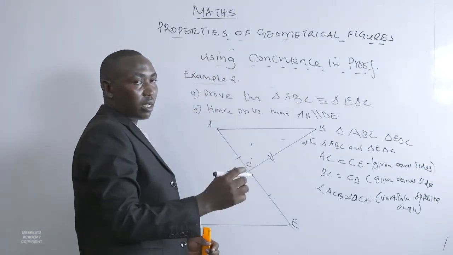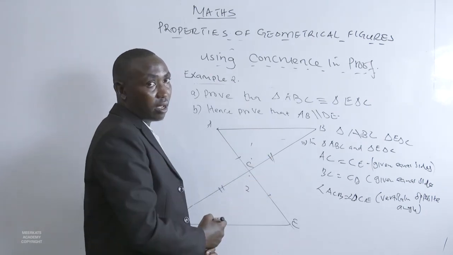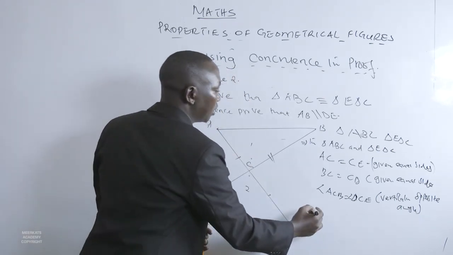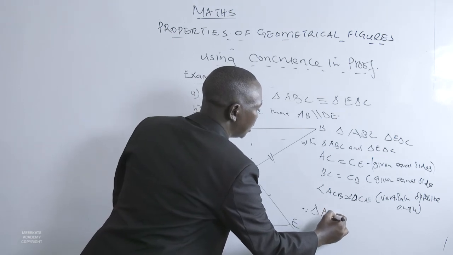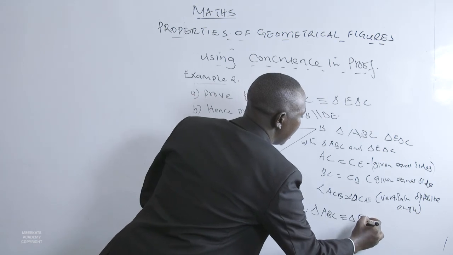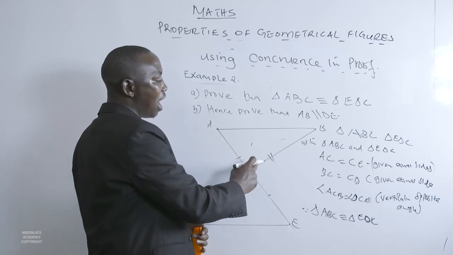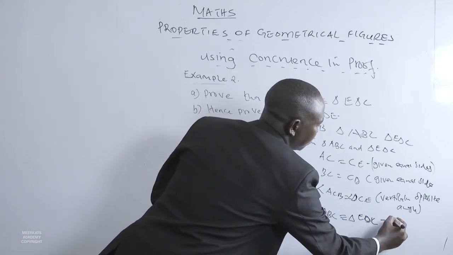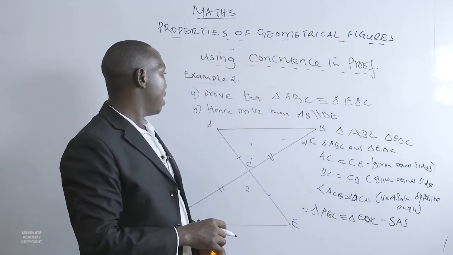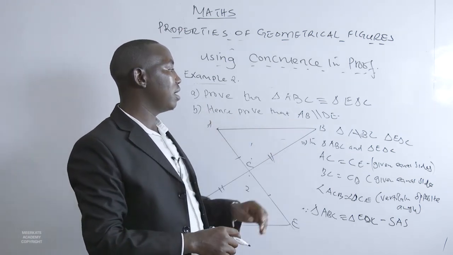Now we have this angle, and these sides. Hence, we can conclude that triangle ABC is congruent to triangle EDC by the rule of side angle side.